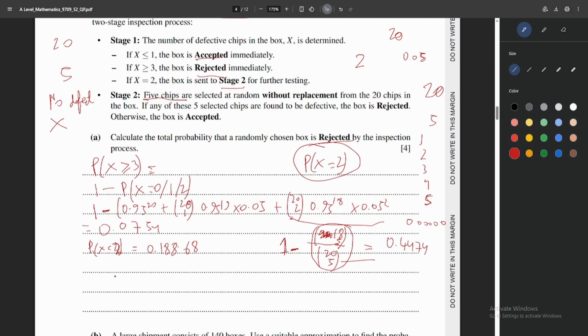Now we add all of this up. We have to multiply these two numbers, because first we have this case and then we multiply with the second case.